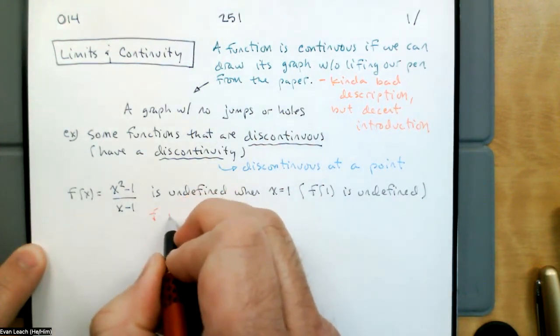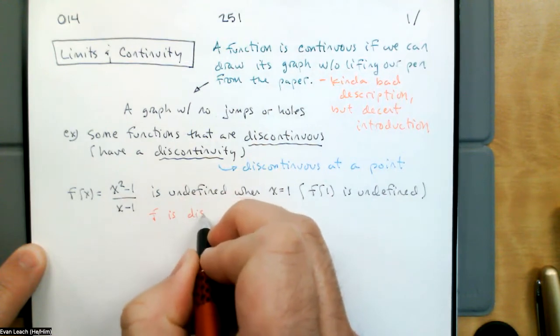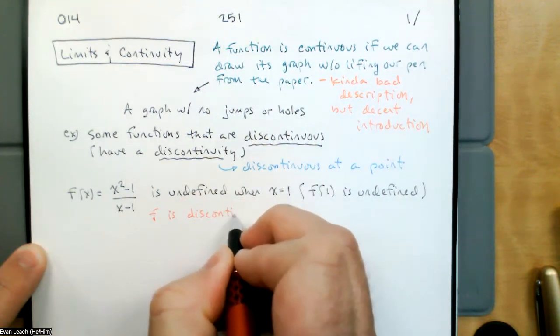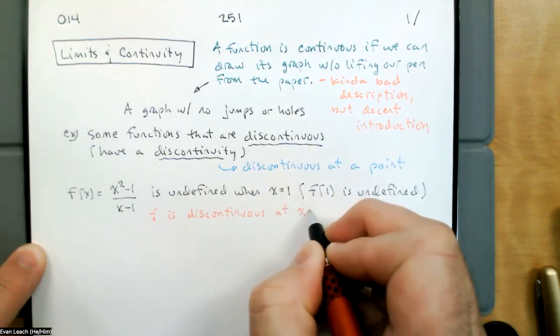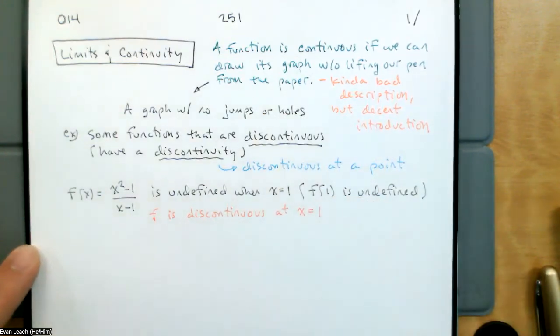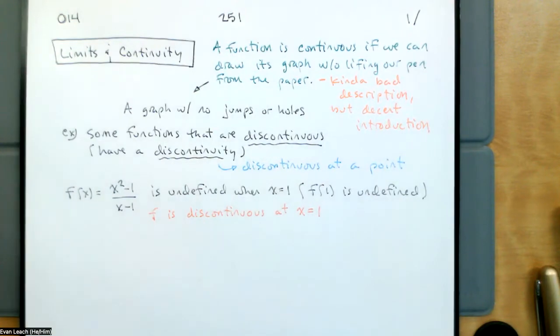You might say f is discontinuous at x equals 1, or when x equals 1. Let's see what this looks like in terms of a graph.